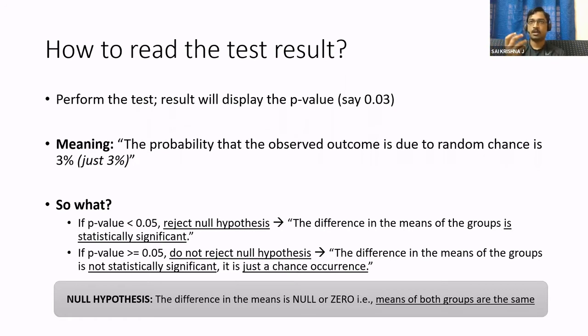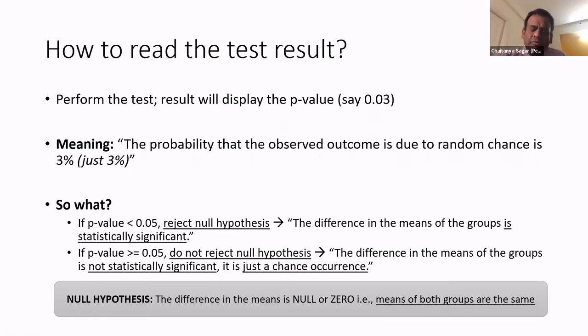On the other hand, if you give a 20% room for a random chance occurrence, it won't be the right thing to do, because anything can happen due to random chance. That's why you say the probability that the observed outcome is due to random chance is just 3%, which is less than 5%. So 5% is what is usually taken as the cutoff level or the significance level.